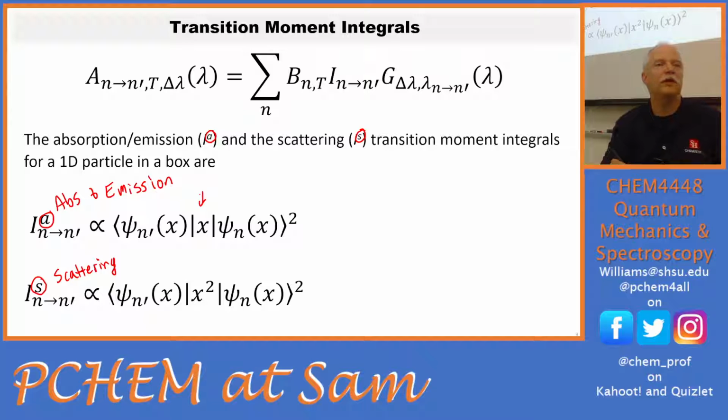Okay. So for absorption and emission, we just have one photon. And you can think of it as plane polarized light. So we have our little electron somewhere on an x-axis. So it's got a wave function here on the x-axis.